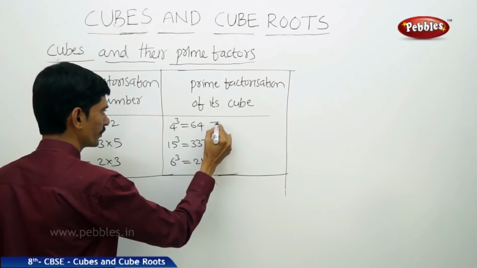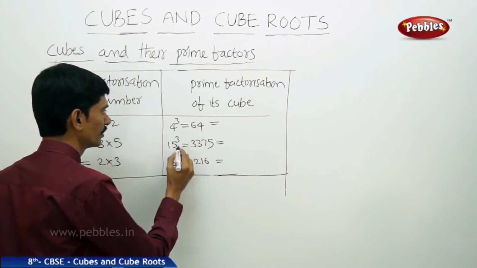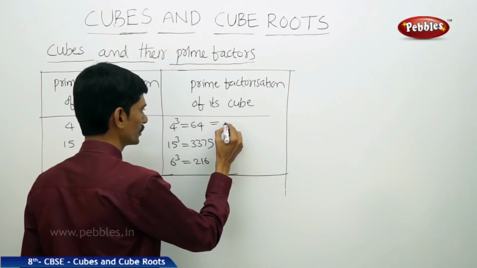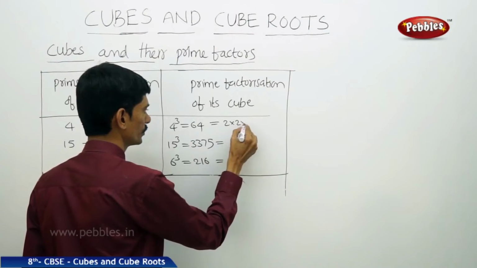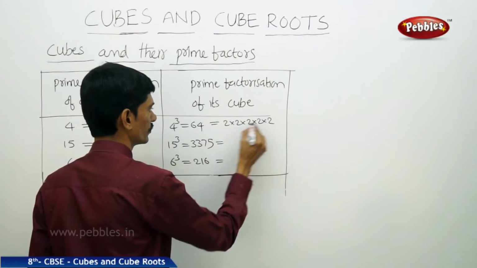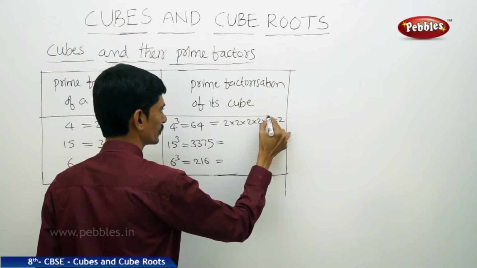Now let us see the prime factors of the cubes of these three numbers. Now 64, if you factorize 64, you will get 2 into 2 into 2 into 2 into 2 into 2, that is six 2s.